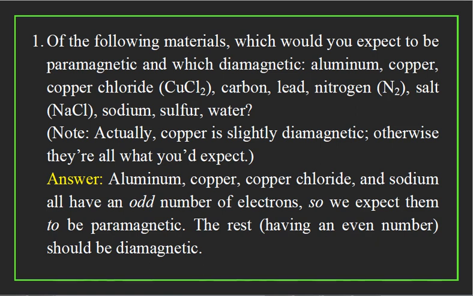The general rule is only approximately correct. The rest, that is water, sulfur, nitrogen molecule N2, etc., all of them contain an even number of electrons. So they are expected to be diamagnetic in nature.